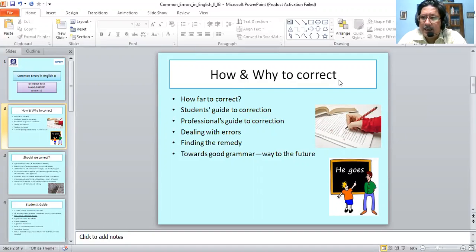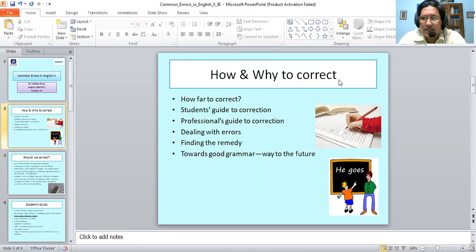In this second and final part of the closing lecture in this module, I shall be looking at the ways of correcting these errors and what is the advisability at all of correcting, if that is possible or not. So we shall look at how far it is possible to correct, the hows and the whys of correcting.